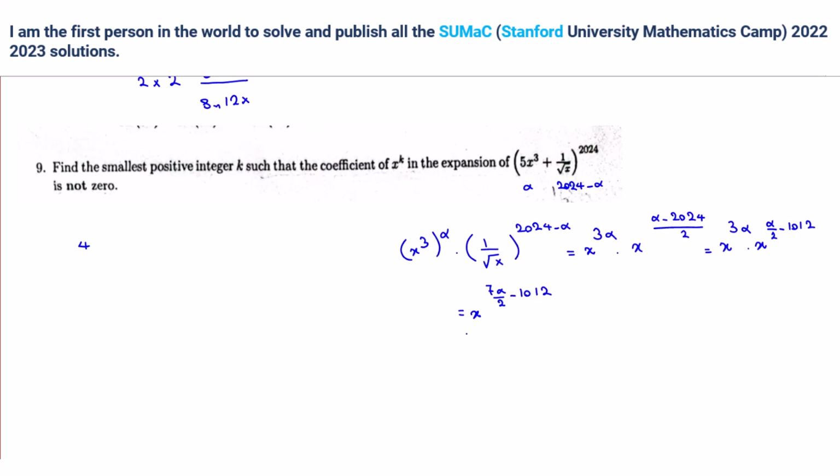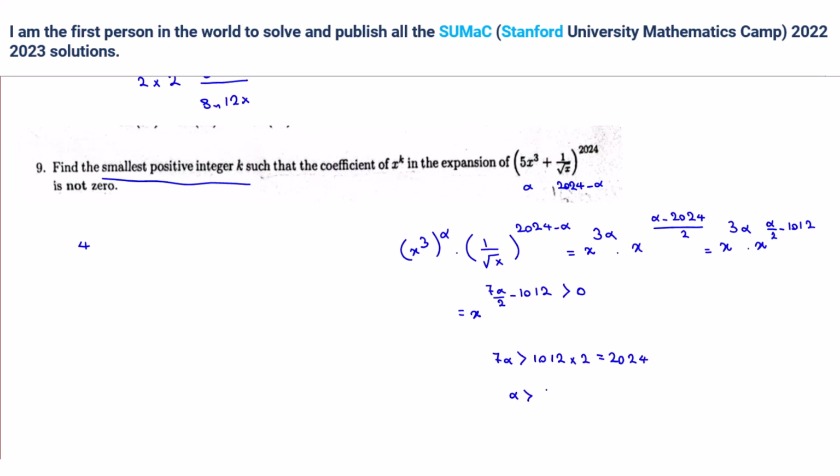Now these numbers, all of them will be different, and we want to see the coefficient of which of them is 0, right? For example, 7 alpha over 2, the first one that is positive is what, right? Let's calculate this. Because it says the smallest positive integer k, right? So when 7 alpha will be greater than 1012 times 2, it is 2024 over 7.